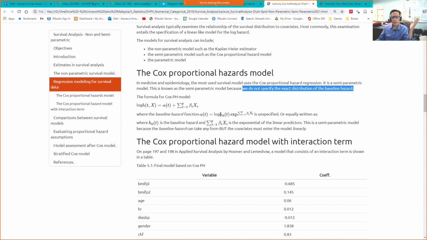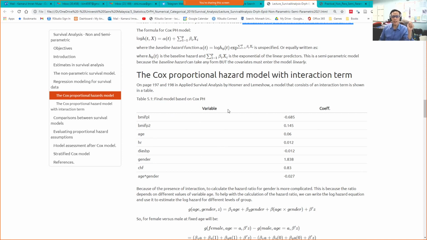This is the log of the baseline hazard, the hazard at time 0. We don't want to know that, we don't want to commit to a distribution for this. And we have the linear combination, which is the sum of beta_i x_i. We know about this. So because of this, one is parametric, one is non-parametric, then we call this a semi-parametric model.